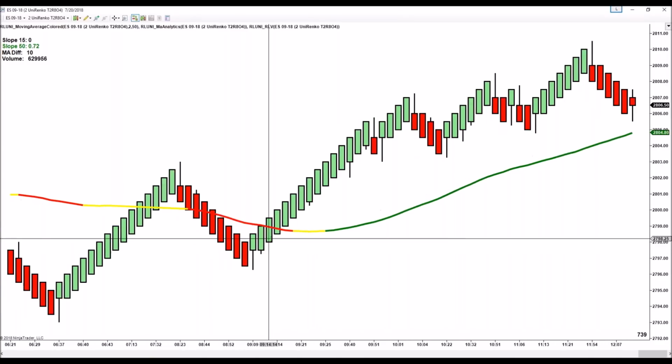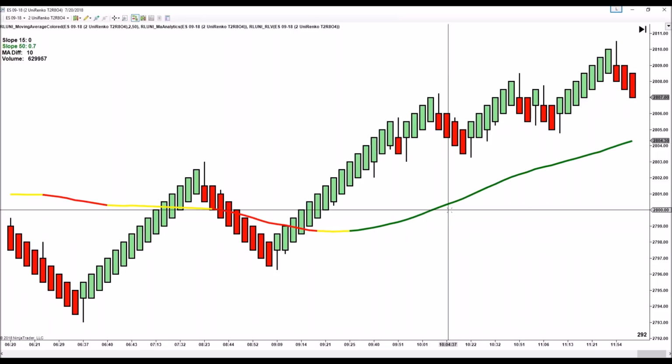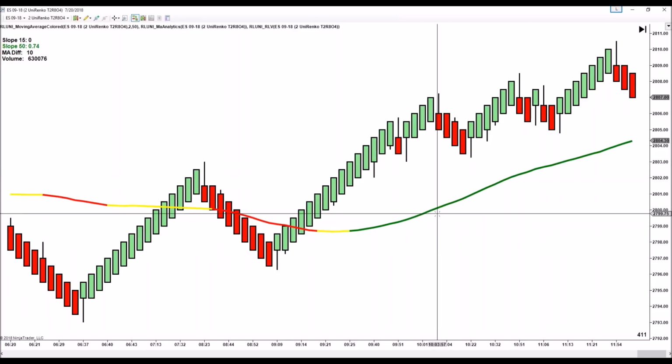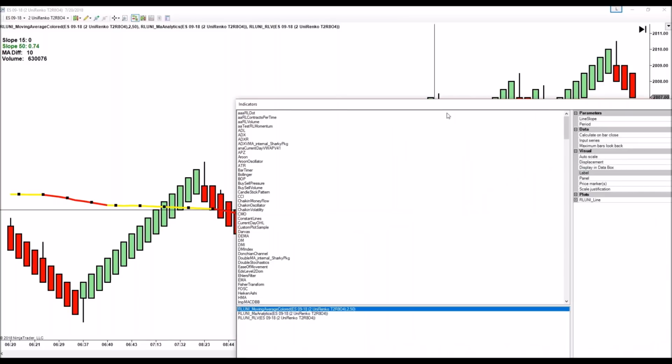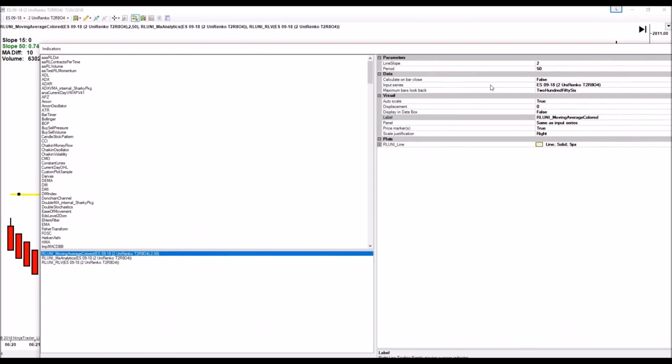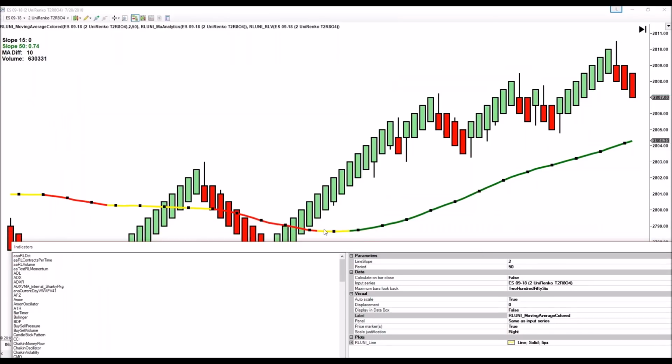So this is just a 50-period simple moving average. We have this formatted on a line slope of 2. So if it's got 2 degrees or less on the slope, it's going to give you a yellow. 2 degrees or more, it's going to give you a green, or it's going to give you a red.